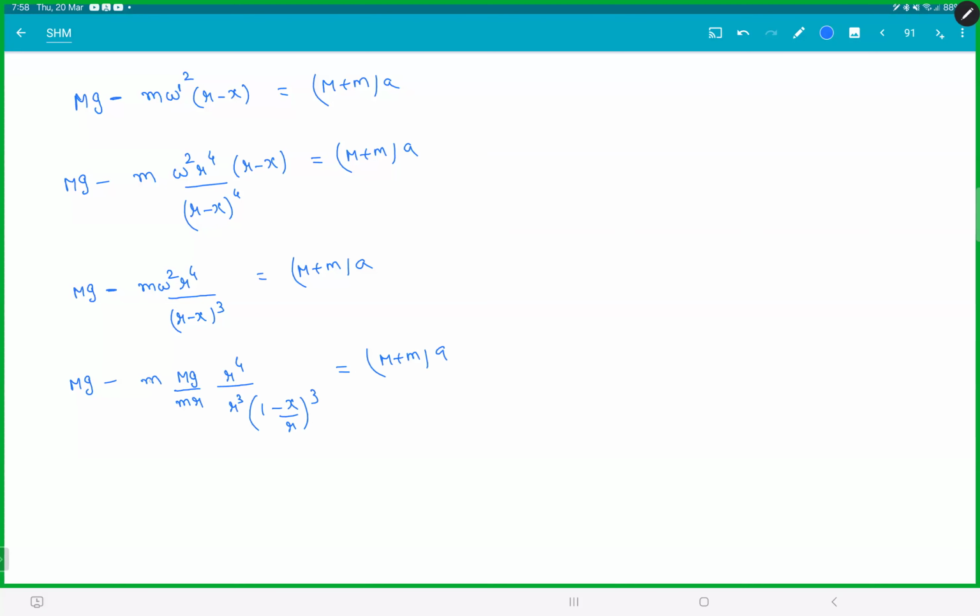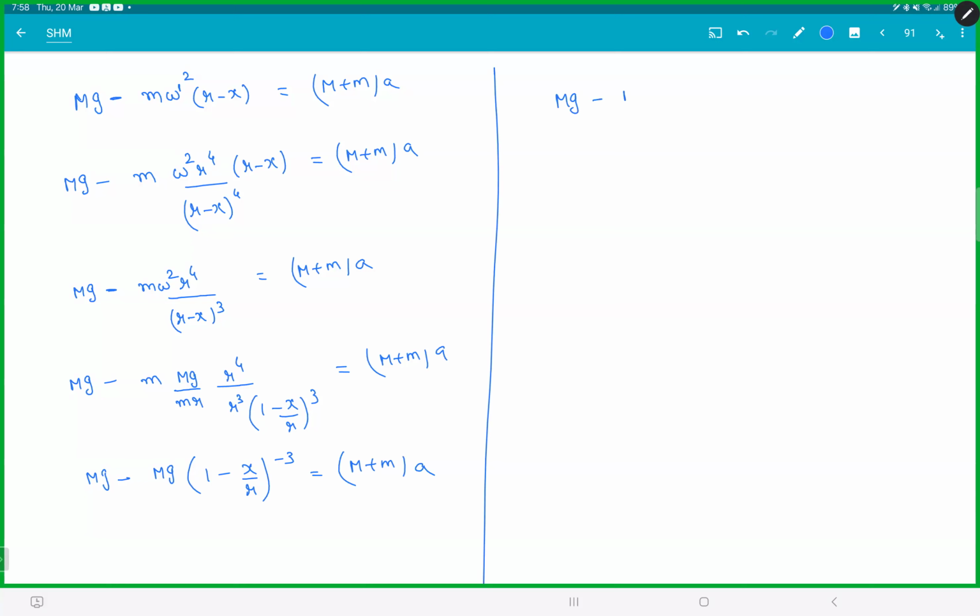Small m will cancel. R power 4 also will cancel. You'll end up with Mg minus Mg. This thing will go up, so you'll get (1 minus x by r) whole power minus 3. We can use binomial approximation.